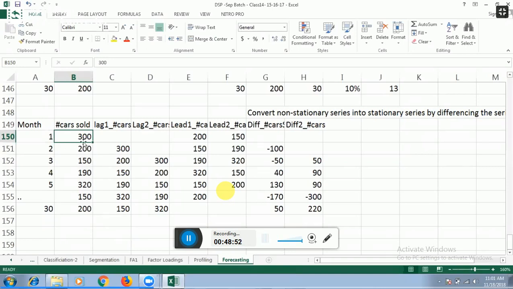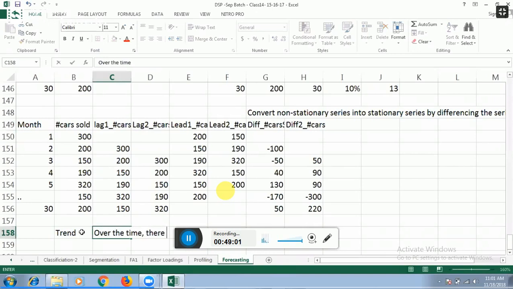That is what we call a trend. Trend is nothing but an increase over the time, irrespective of small fluctuations in the series.